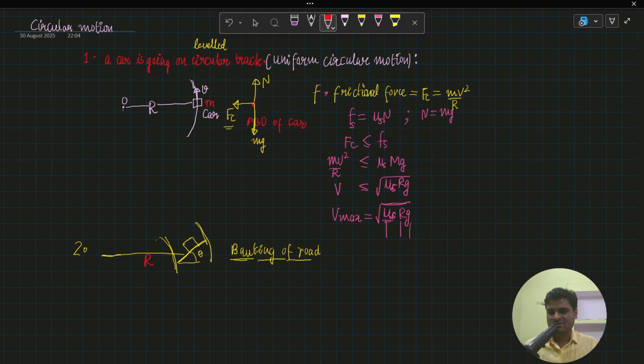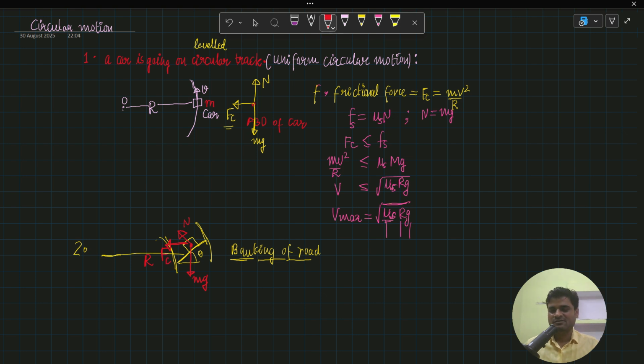If we draw the free body diagram, the weight will be downward, mg, and the normal force will act like this. These are the only two forces that we can see right now. To move in a circular path there must be a force Fc.